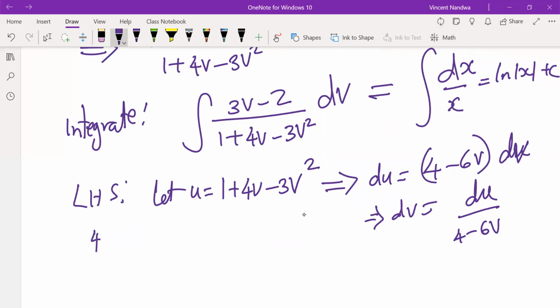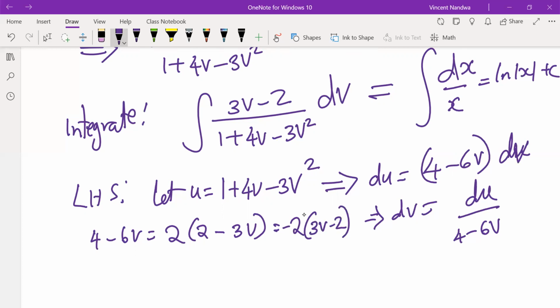Now 4 - 6v can be written as 2(2 - 3v), which can be written as -2(3v - 2).